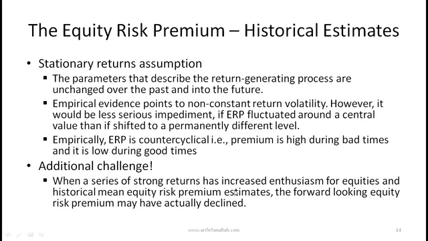Why? Because the last few years of data were just pulling it up. But for a rational person, what is the expectation about the equity risk premium in the future? That would be low. Why? Because you knew that a crash was coming, because the markets were way overvalued. So that's another challenge.